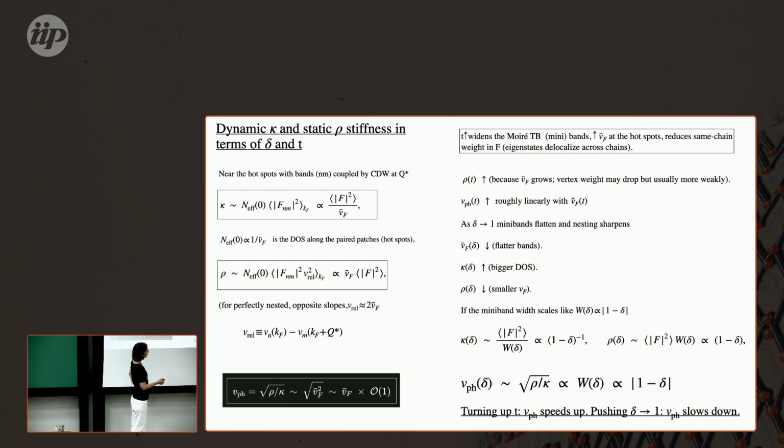That means it scales like 1 minus delta, which means that the phason velocity is proportional to the bandwidth. So turning up the interlayer hopping speeds up the phason, and pushing delta to 1 slows down the phason.